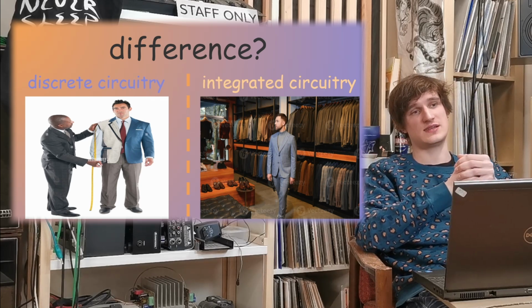Some of them had discrete circuitry, and usually when we saw a mixer with discrete circuitry, it had higher distortion, higher THD, but just a different sound signature than circuits that used ICs.